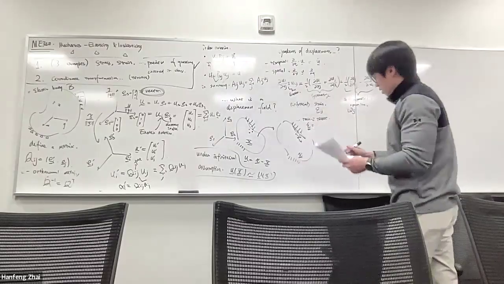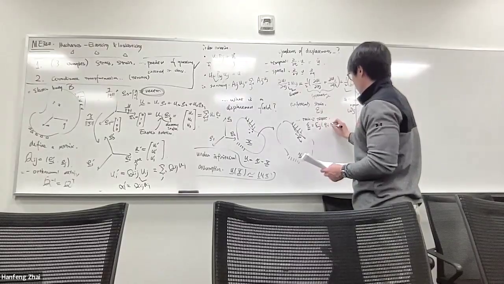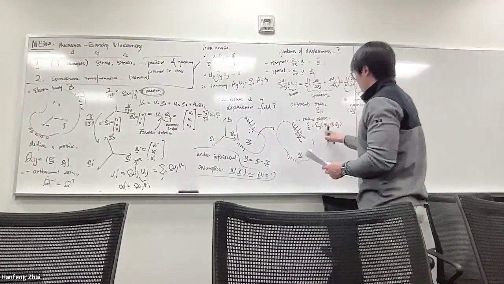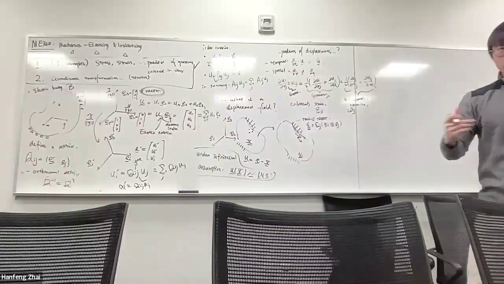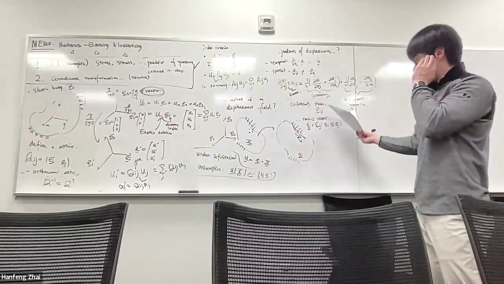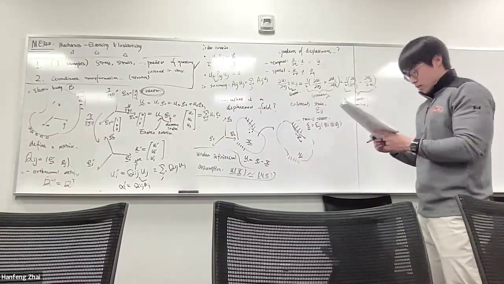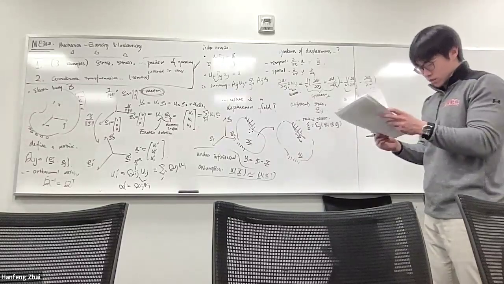It can be expanded as epsilon ij ei ej, where ei and ej are the basis vectors that represent the strain tensor in the form of a matrix epsilon ij, and same for the rotation tensor.